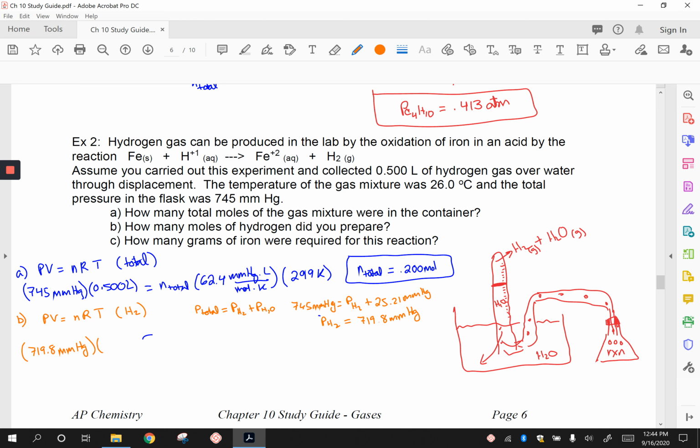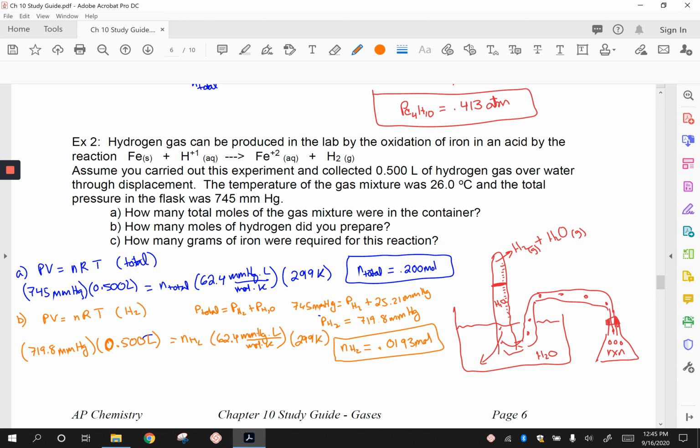They fill the volume of the container, so it is still 0.500 liters. Now I'm solving for the moles of just the hydrogen. R is still 62.4 millimeters of mercury times liters per mole Kelvin, and my temperature is still 299 Kelvin. For just hydrogen, from this calculation, I got 0.0193 moles.